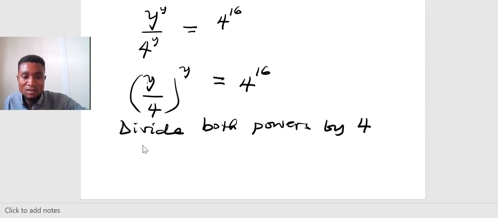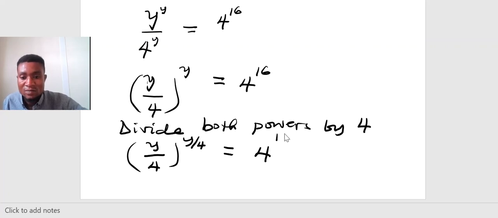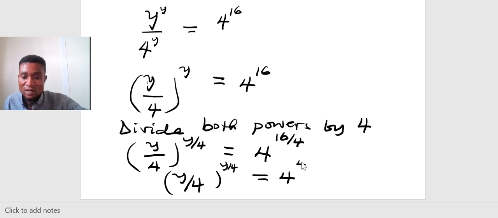You have y divided by 4 to the power of y over 4 is equal to 4 raised to the power of 16 divided by 4. So here we have y divided by 4 to the power of y over 4 is equal to 4 raised to the power of 4. 16 divided by 4 is 4.